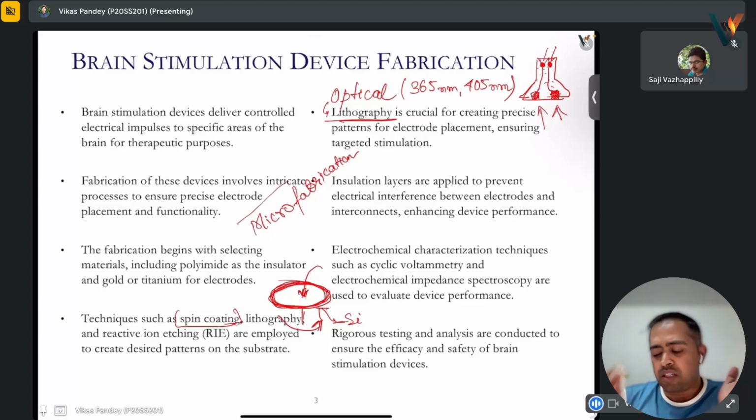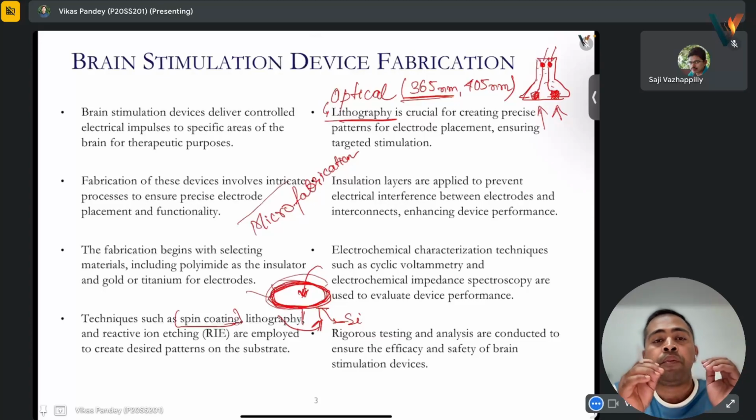I am using 365 nanometer in my lab. Here one more thing is employed, a photoresist material. Photoresist is again spin coated just like this, a liquid kind of resin which is sensitive to light.